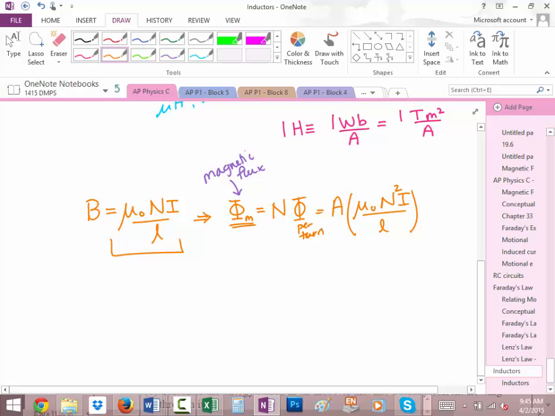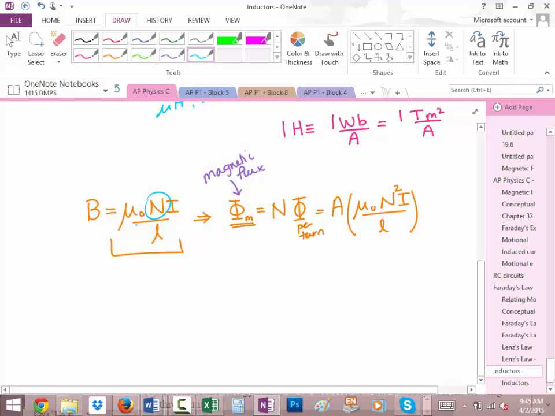Where do both N's come from? One more time. One N comes from the magnetic field that was created. So you have a solenoid, and a magnetic field is created. Now if I'm talking about the flux through a bunch of turns, then I need to know the flux through one turn, and then I'm going to add up all those turns.